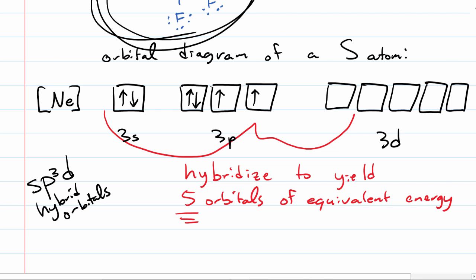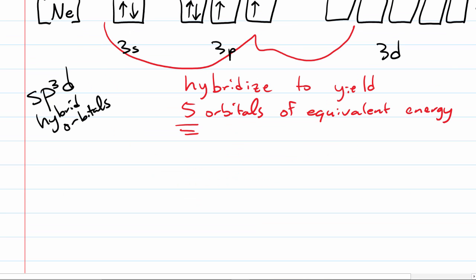So then what we do is we go ahead and write out the sulfur atom, so we're going to look at the orbital diagram of sulfur in SF4.